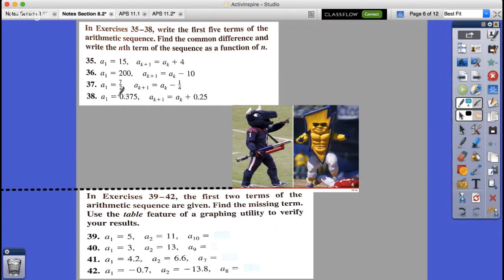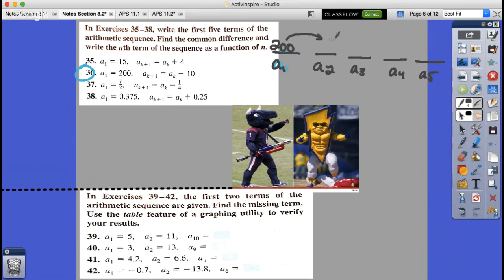So if I did one like number 36, which I don't think I did in class, it says write the first 5 terms. So you have a sub 1, a sub 2, A3, A4, and A5. And remember that each of the A4s, A5s just talks about what that specific term is. So this is the first term. First term is 200, right?